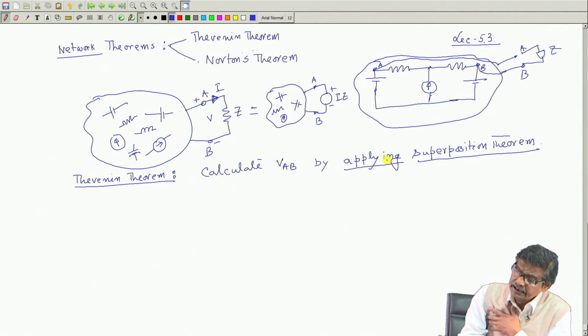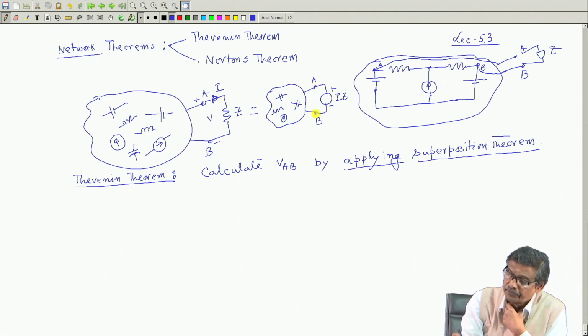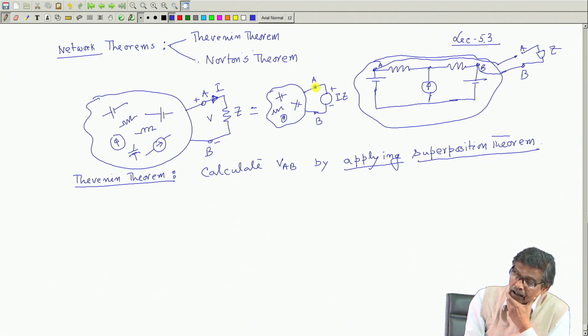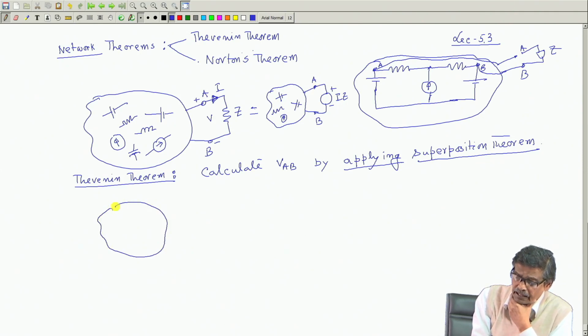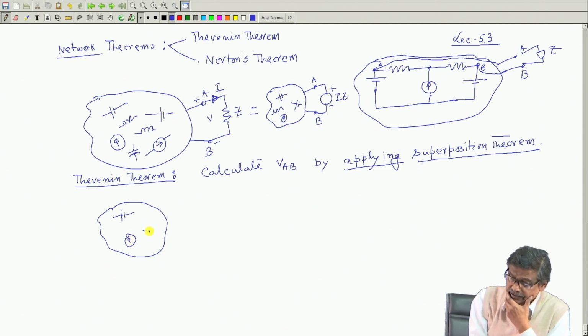So, if you want to apply superposition theorem to calculate VAB, I will calculate it in this way. I will consider all the sources present inside the network.